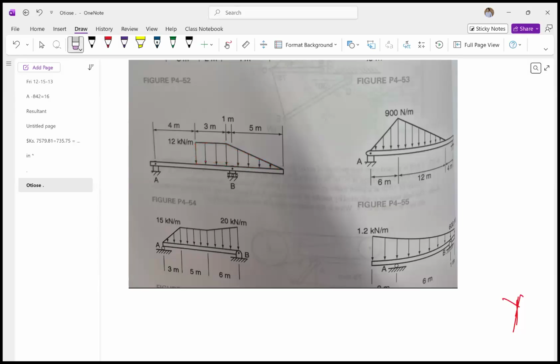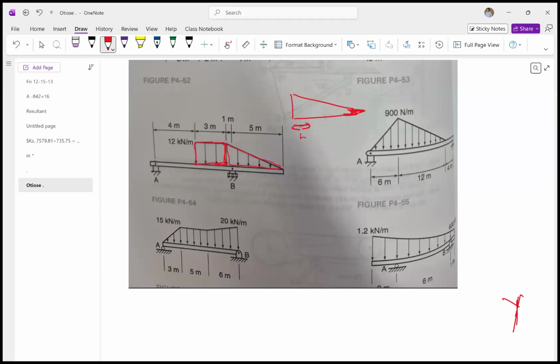So what I'm going to do here is convert this whole section into two parts. One is the rectangle, another is this triangle. Okay, for the triangle, how can we convert a whole load into a point load? Whatever the load value will be, that will be at a distance of L by 3.